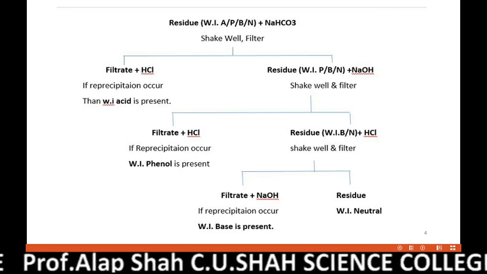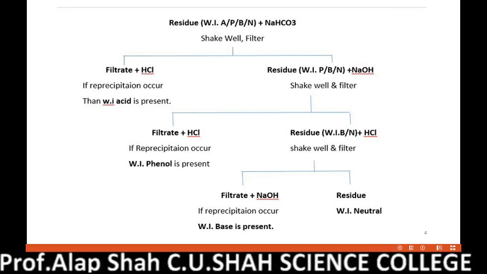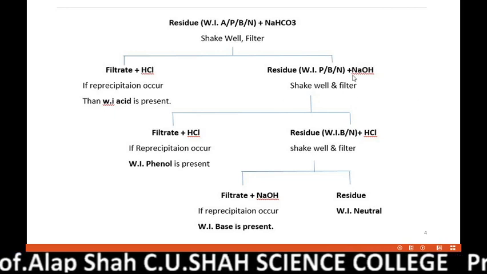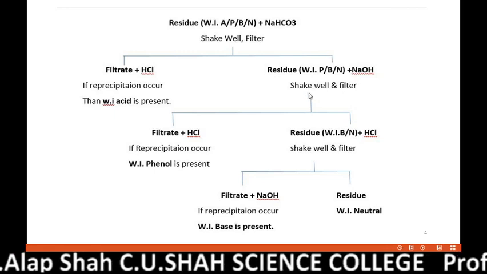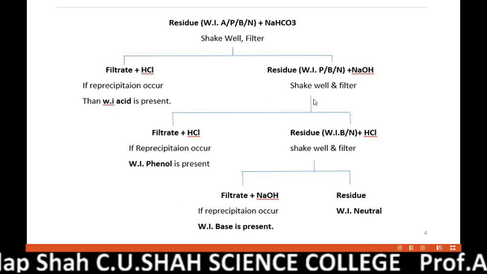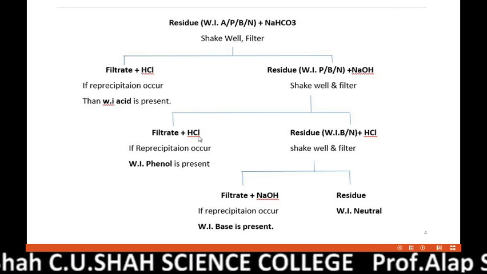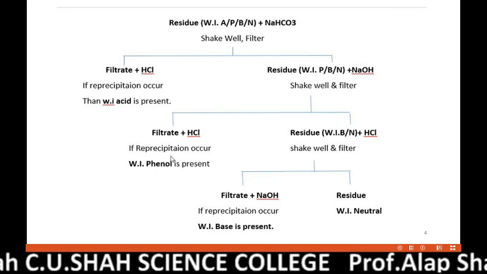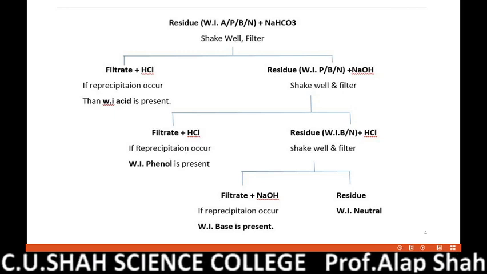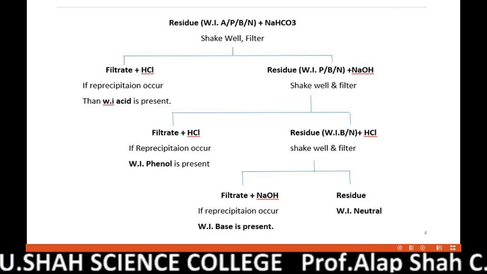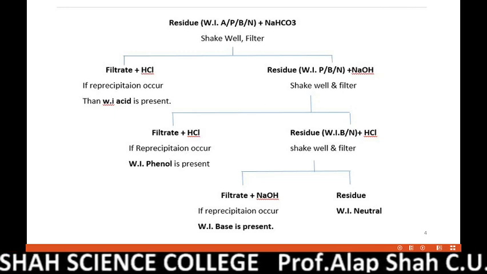So, phenol, if present, will dissolve into the NaOH. Shake well and filter again. So, if phenol is present, it will be in the filtrate. Add HCl, and if reprecipitation takes place, then we would say water insoluble phenol is present.